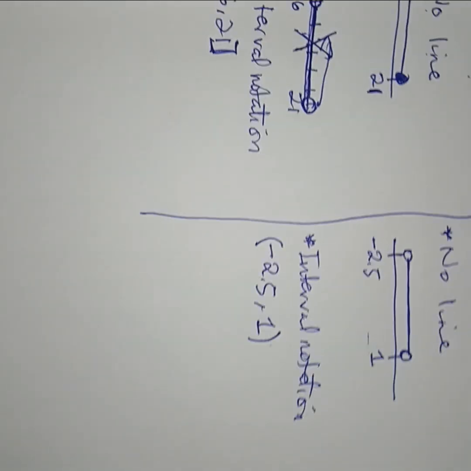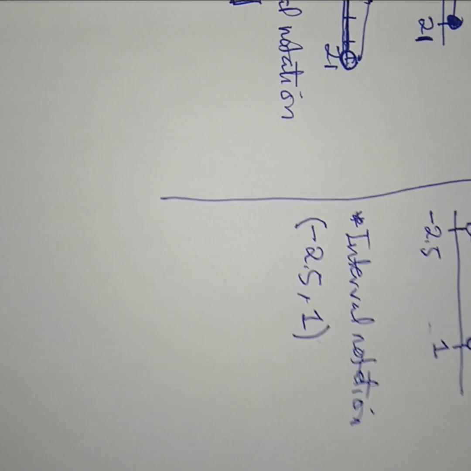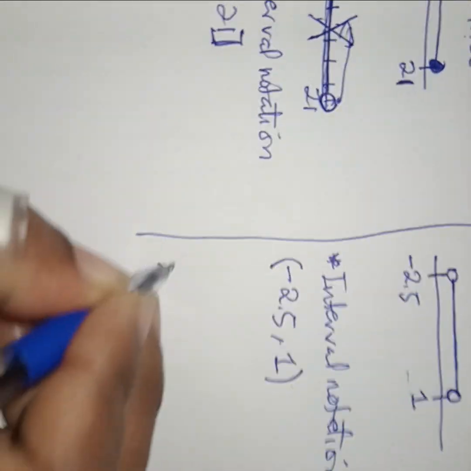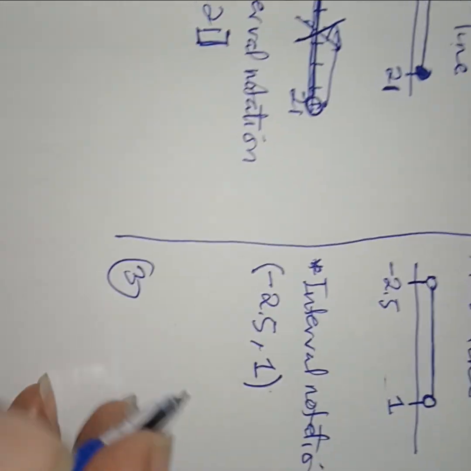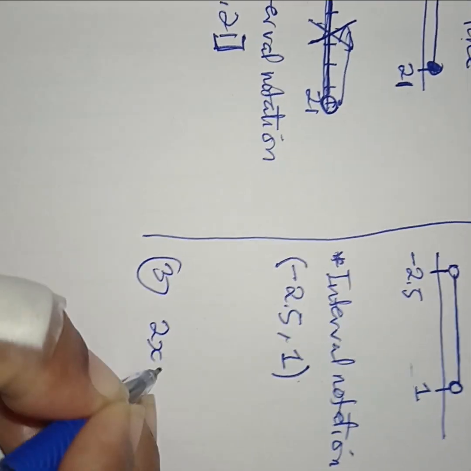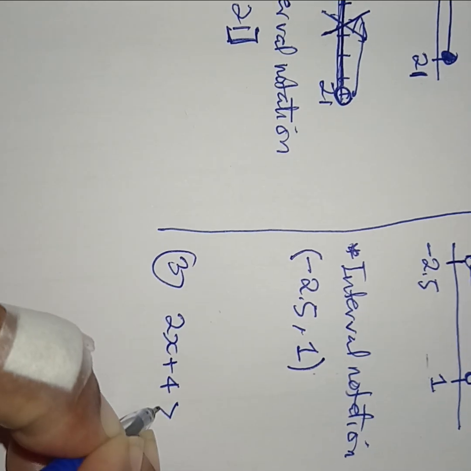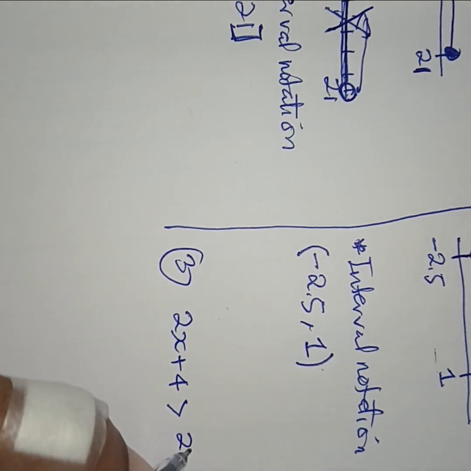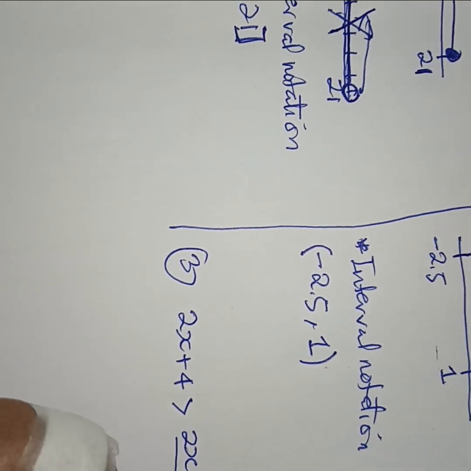Okay, let's look at one fractional inequality. 2x plus 4 is greater than (2x minus 3) over 8.